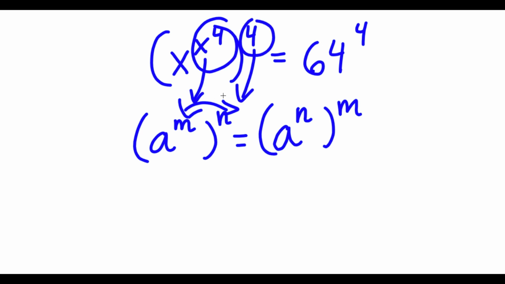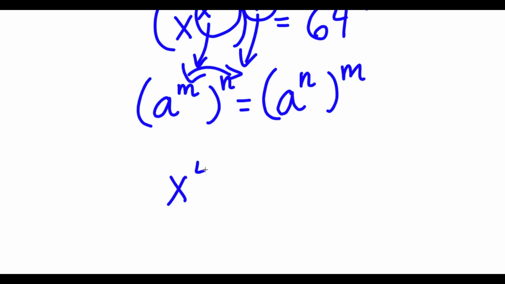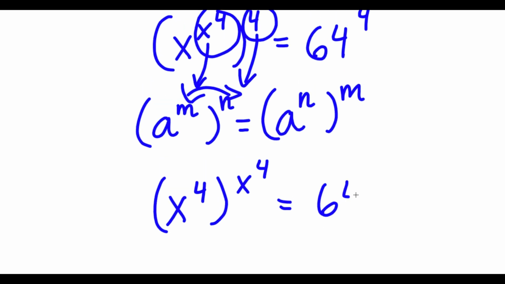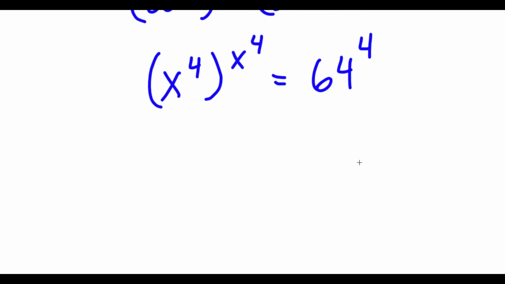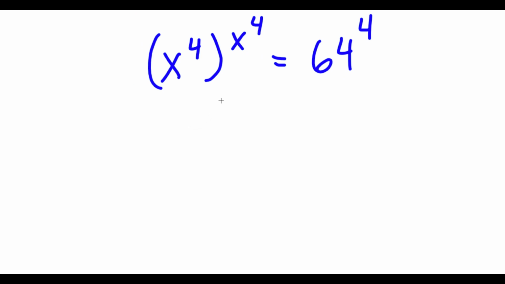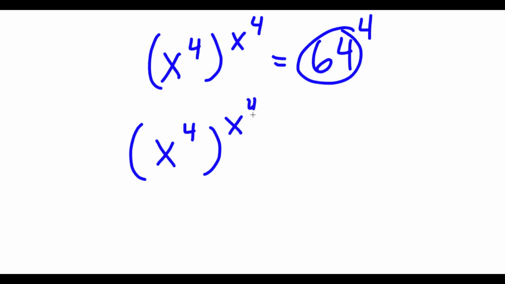If I switch the places of these two, I get x to the power of 4 to the power of x to the power of 4 is equal to 64 to the power of 4. Now I'm going to replace 64 with 8 squared. So now I have x to the power of 4 to the power of x to the power of 4 is equal to 8 squared to the power of 4.